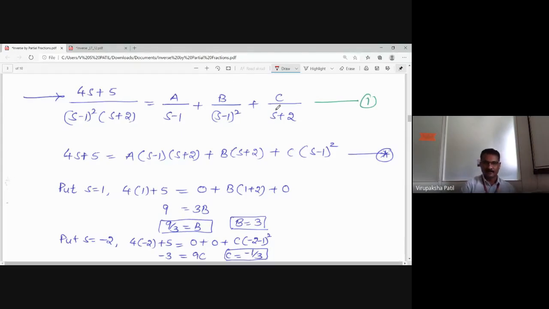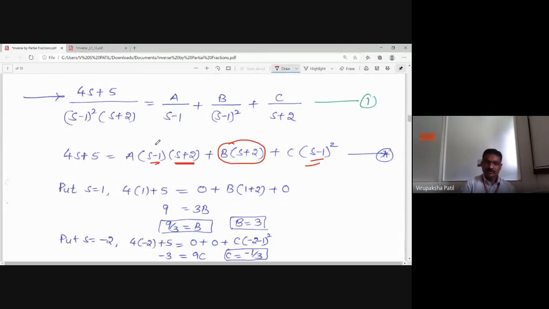Okay, no issues. Then what you can do here? See, you observe here. Here s plus 2 is one factor, and s minus 2 is also a common factor in the first and last terms, the coefficient of a and the coefficient of c. In the coefficient of b, s minus 1 is not present.